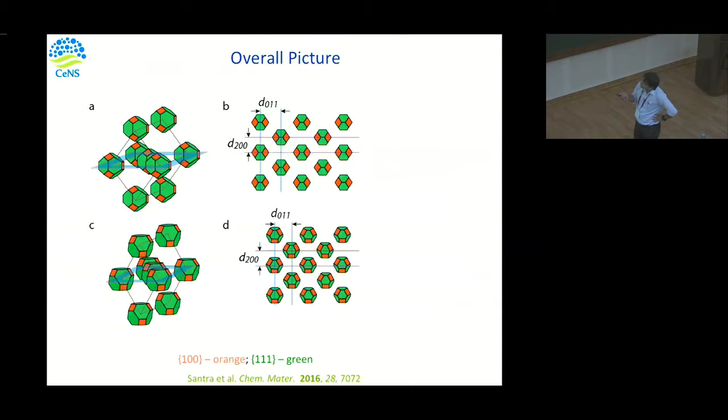With the big molecules, oleic acid, we find a BCC superlattice with the 011 plane perpendicular to the substrate. Whereas when we treat with the small molecules, it goes to a BCT because this axis decreases, and then each of the facets of these quantum dots also orient.